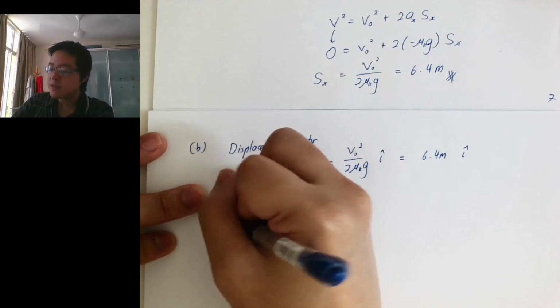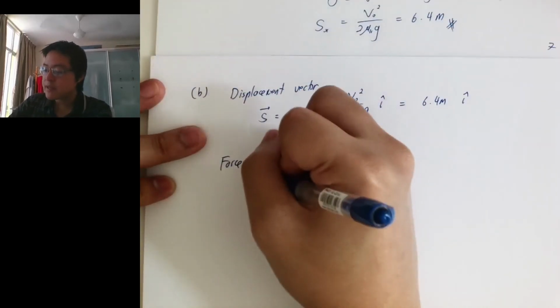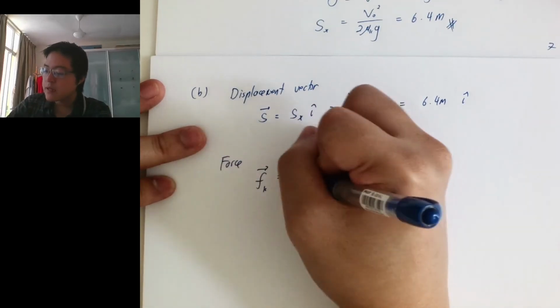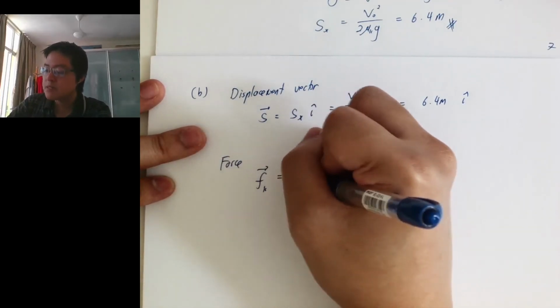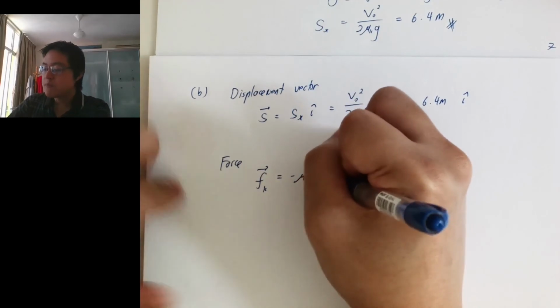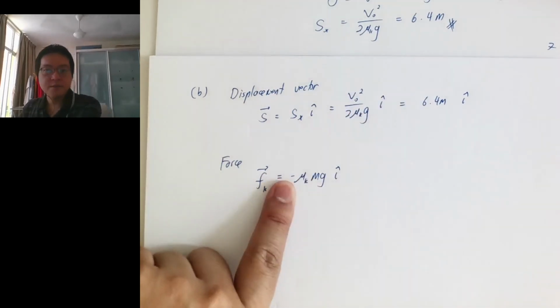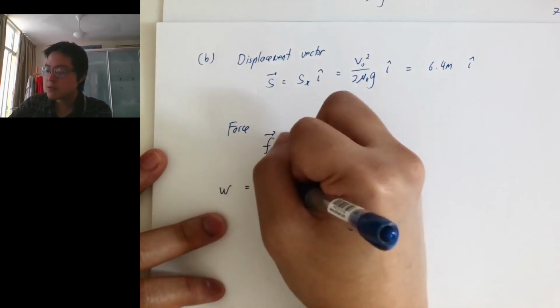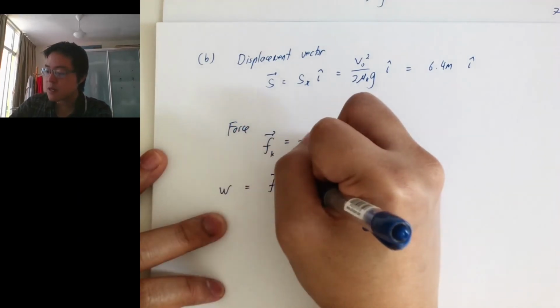The force acting on this is only the kinetic friction, which is minus mu k mg in the i direction. From here we can calculate the work done. The work done is equal to the force dot product with the displacement.